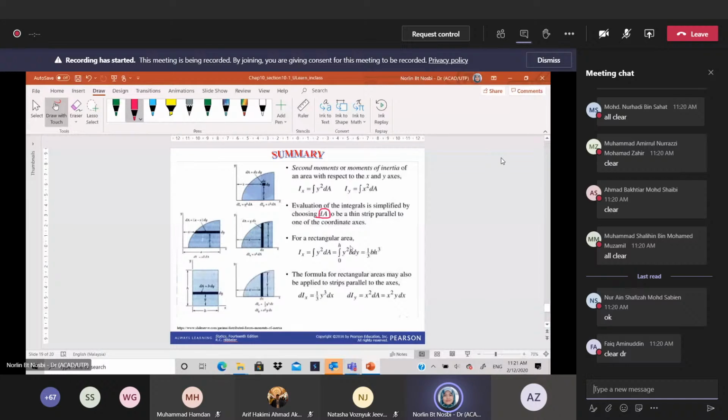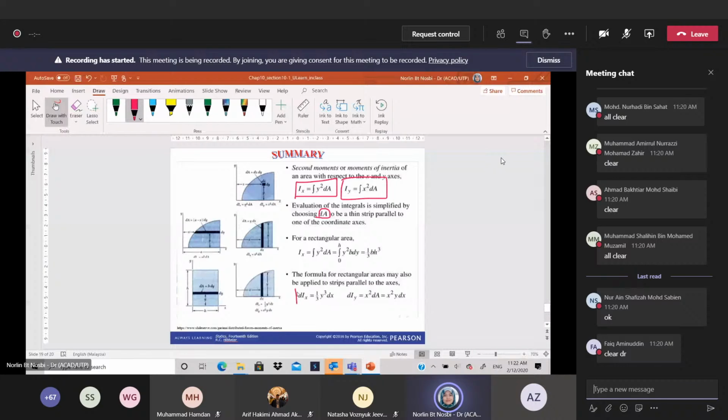What else? For the rectangle, this is the question. It is based on the equation. This is the main equation, so you need to remember it. And then, if the rectangle area is parallel to the axis, there is another equation you must all remember.